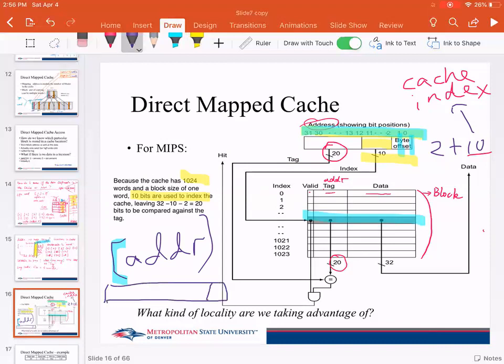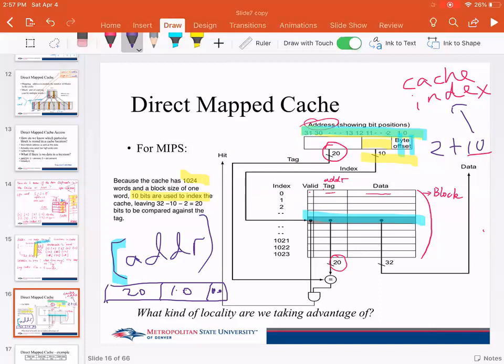The lower 2 bits you do not need to care about because they are always 0, 0. Another 10 bits here will be the same as the cache index. And the leftover 20 represent the unique address information for this piece of data.